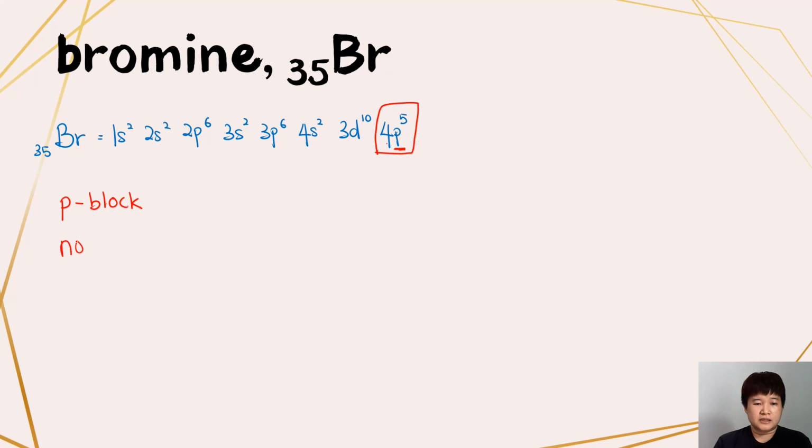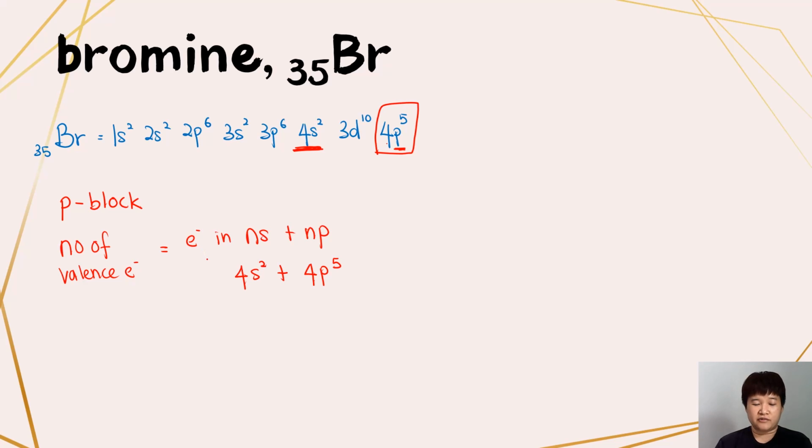And what would be the number of valence electrons? How can we identify the number of valence electrons for the p block? We'll be taking the electrons in the ns plus the np. The last np that we are taking is 4p5, so the ns will be 4s2.